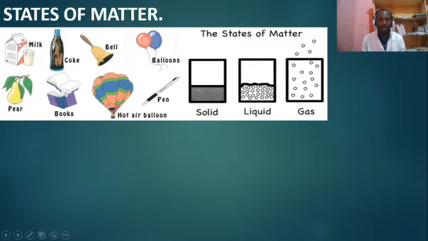Book, solid, pear, oh, it's solid. Hot air balloon, wow, hot air balloon, that's gaseous. Pen is solid, yeah, using a pen here. Balloon is a gas. What is inside this balloon inflated is a gas. So you see the state of matter, it could be solid, liquid or gas.